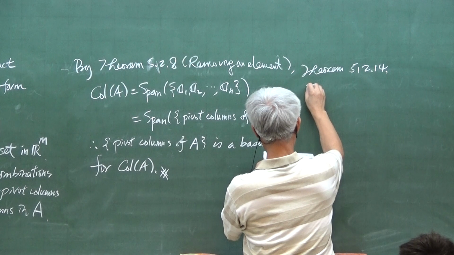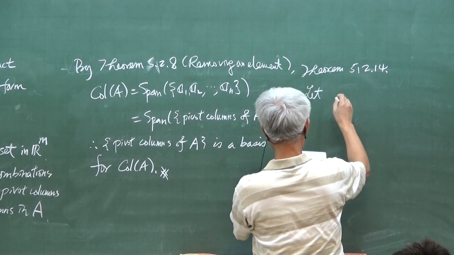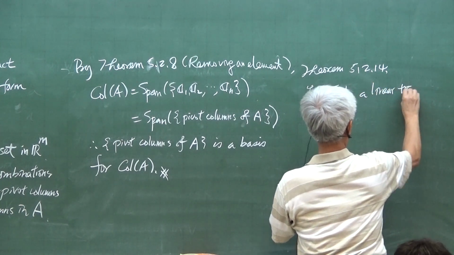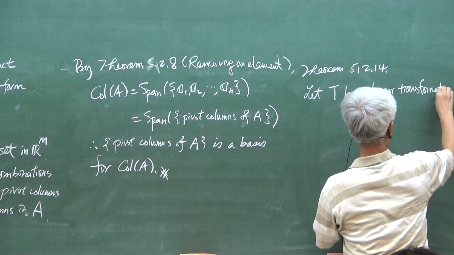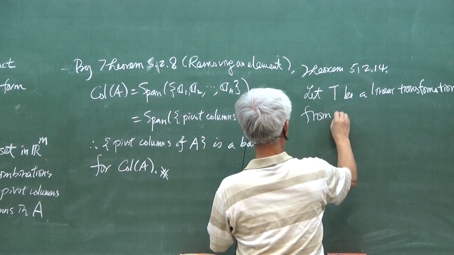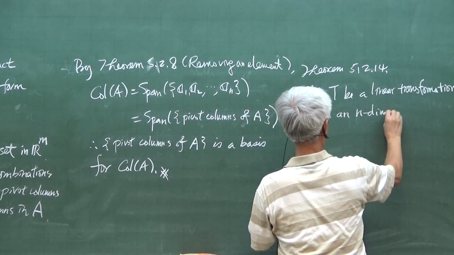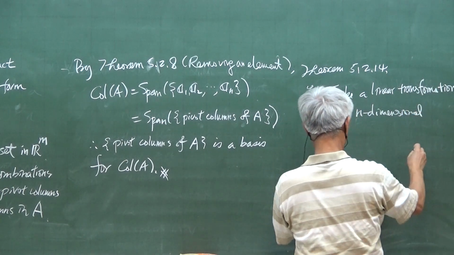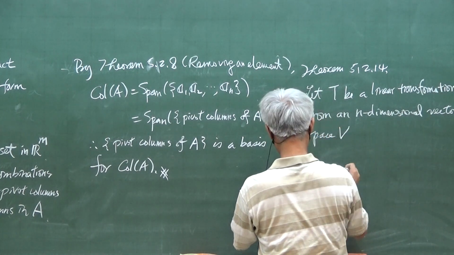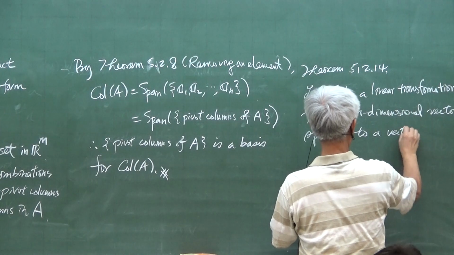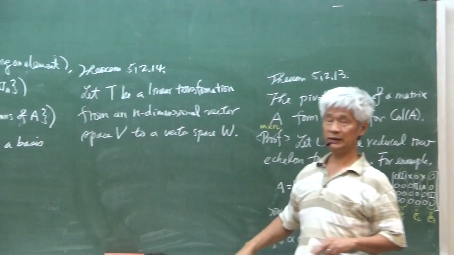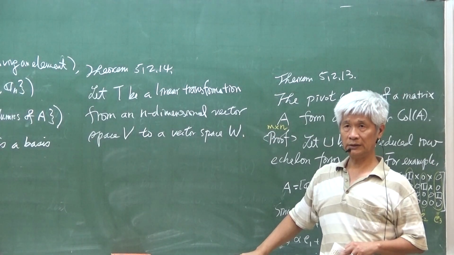Okay, so let T be a linear transformation from an n-dimensional vector space V to a vector space W. Alright, so the domain of the linear transformation has finite dimension, and the dimension is n.